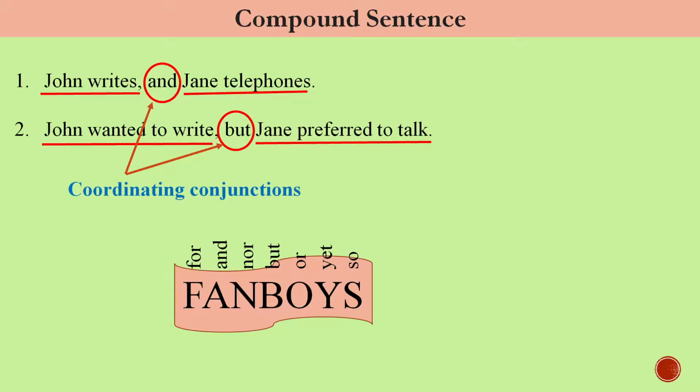So these are the coordinating conjunctions. Compound sentences will always have these conjunctions. In numbers 1 and 2 we have and and but, which are part of the FANBOYS group of coordinating conjunctions. So this is a compound sentence.